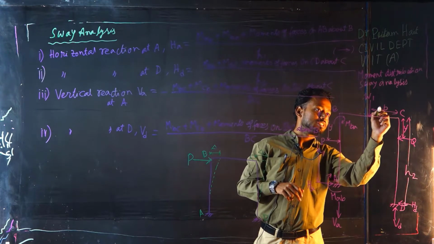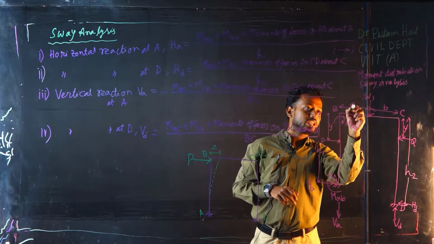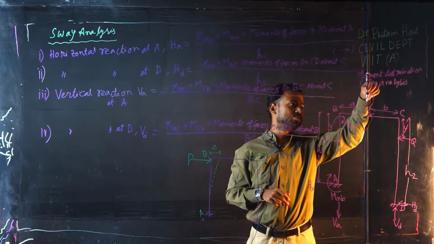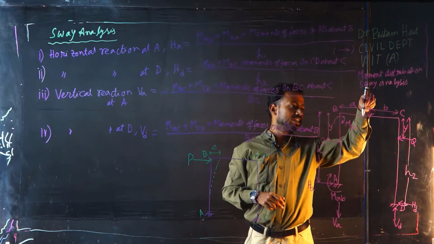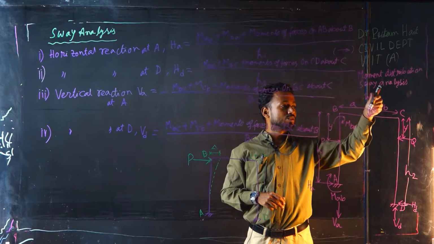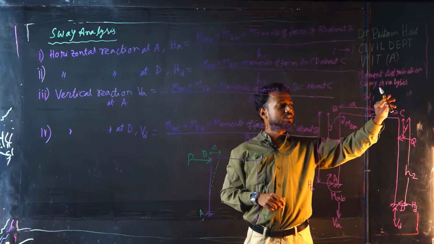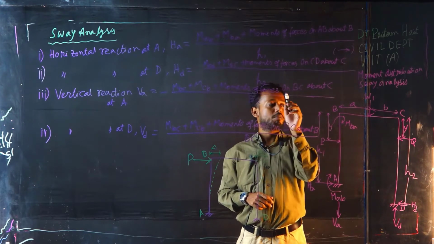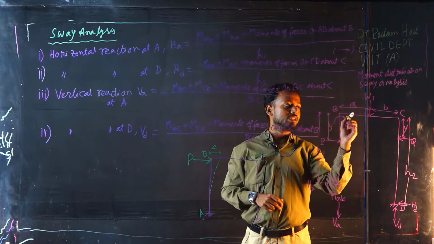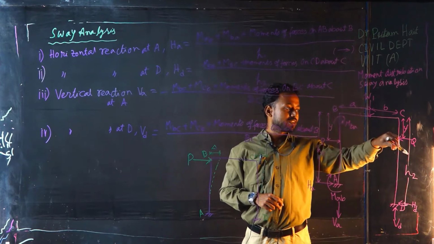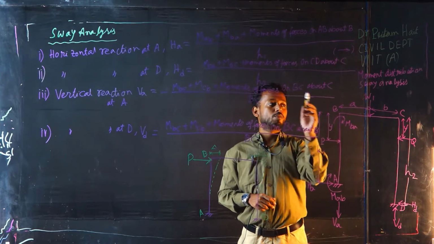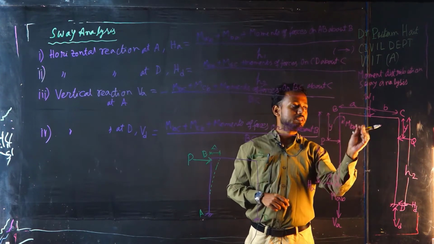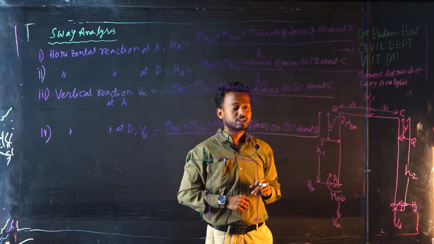Suppose this is B, suppose this is A. So moment of forces means W1 into B about C. This moment you have to count, and this is nothing but anti-clockwise, so we will write here minus W1 into B. This moment is anti-clockwise about C joint, so you will write W1 into B divided by BC length.